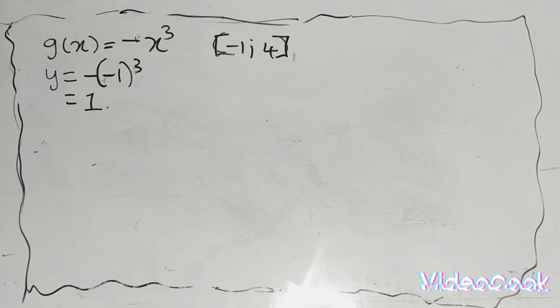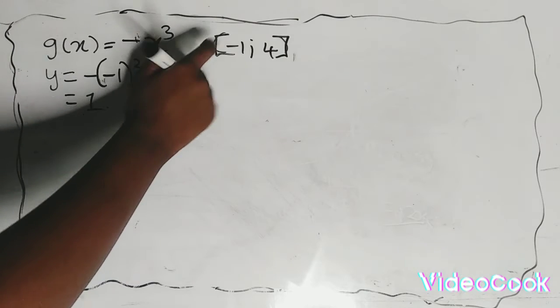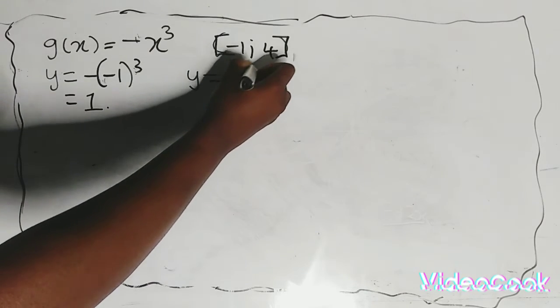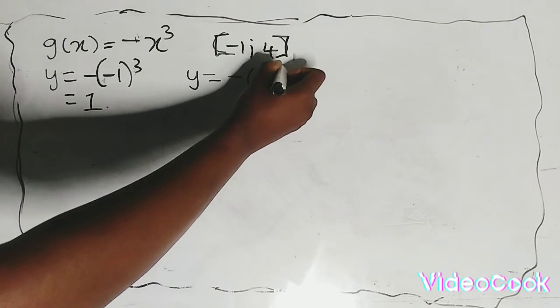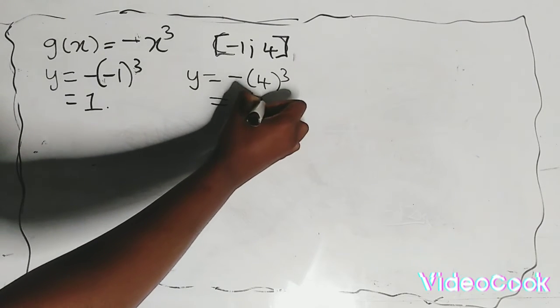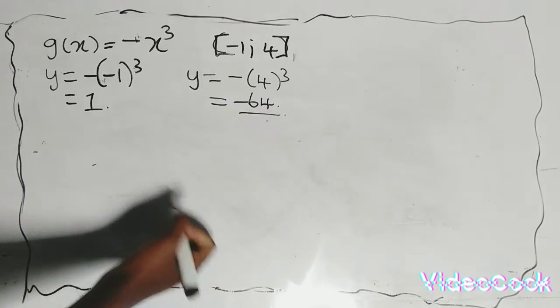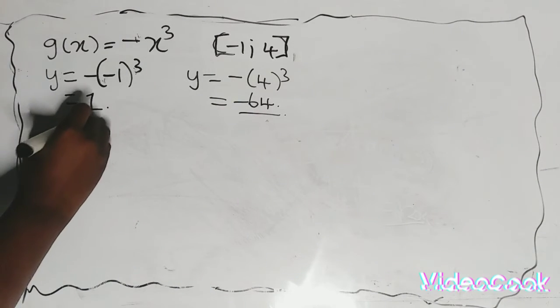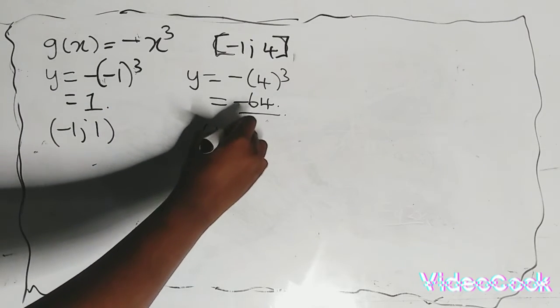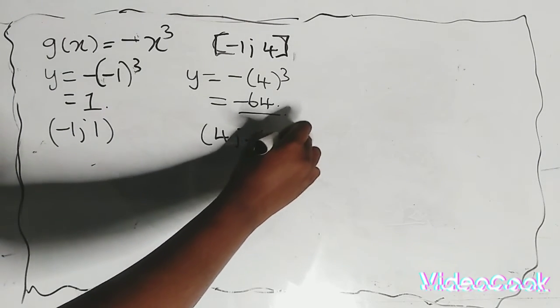And on this side, y is equal to minus 4 to the power 3. 4 to the power 3 is 64, so it's going to be negative 64. So when x is minus 1, y is 1. When x is 4, y is minus 64.